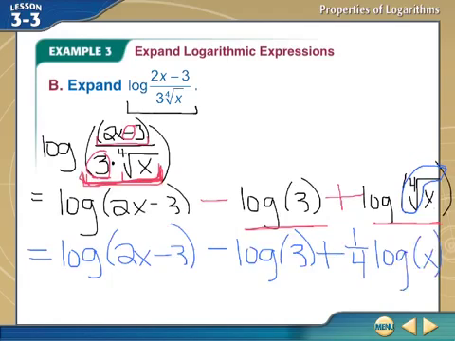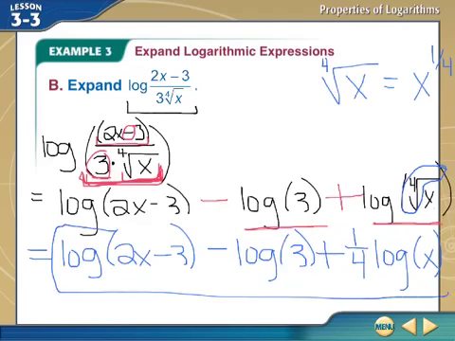Because the fourth root of a number is the same as the 1/4 power, if the fourth root of x is equal to x to the 1/4 power, that 1/4 power can come down out in front. And this would be the expansion of that logarithmic expression.